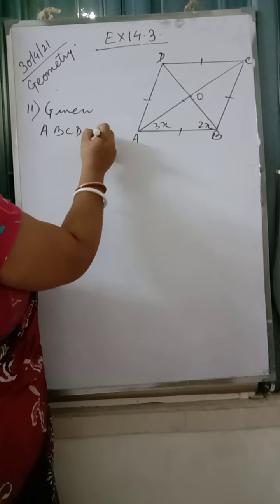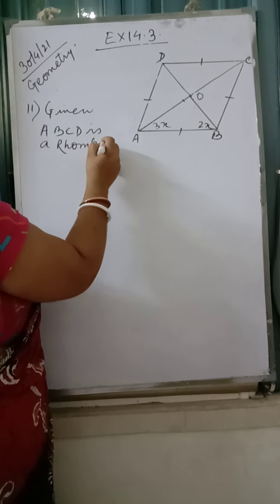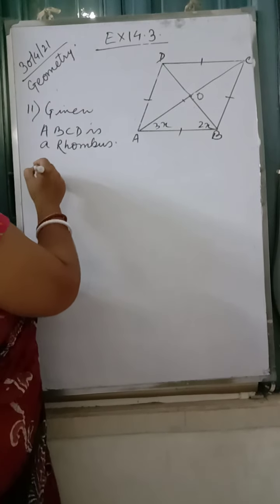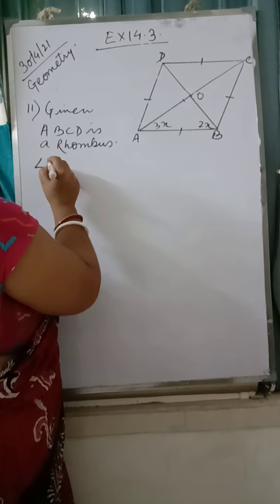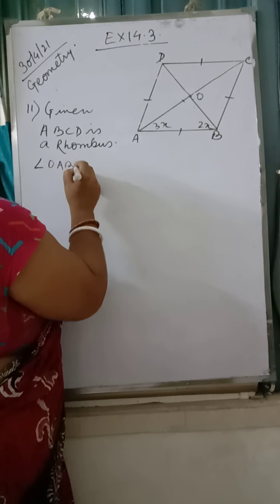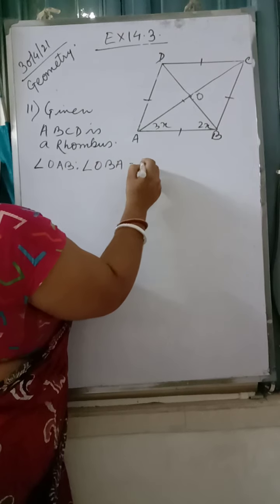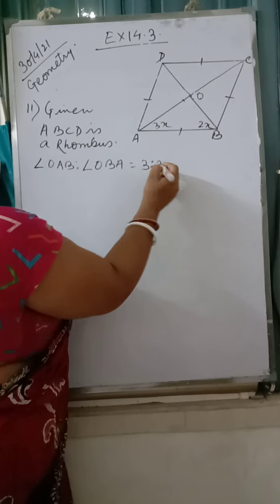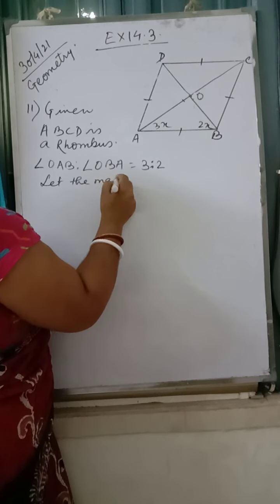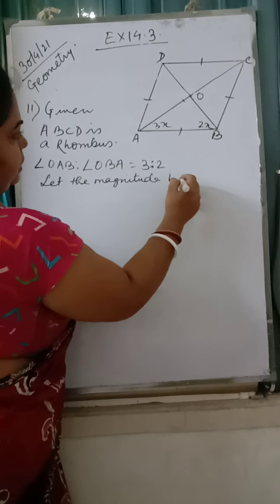Given ABCD is a rhombus. Angle OAB to angle OBA is equal to 3:2. Let the magnitude be x.